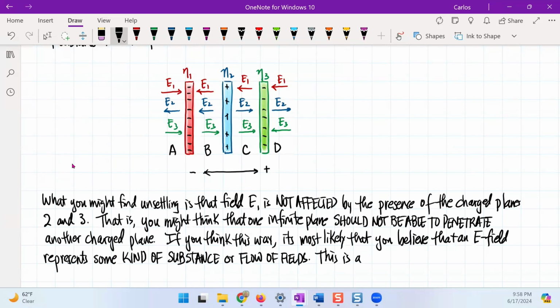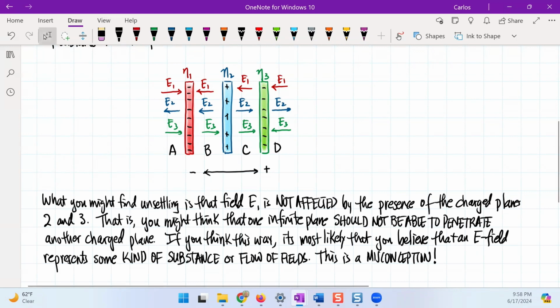This is a misconception. Once the fields have propagated, which they do at the speed of light, there is no more propagation. It is a fixed field. In this case, it's a constant fixed field, and those lines penetrate.